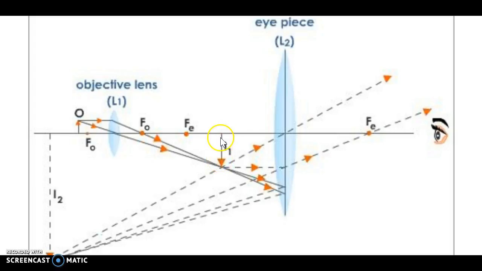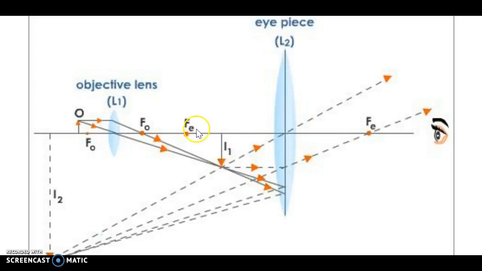You want the real image to be in a position between the focal point of the eyepiece lens, right here, and the actual eyepiece lens. So the real image should be in this range someplace. You can figure that out by knowing the distance from your first lens to your second lens, which is the length of your microscope, and then knowing where the focal point of the eyepiece lens is and the location of the image.